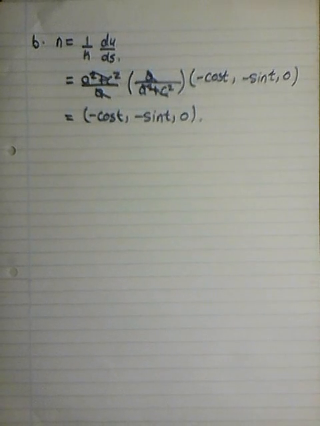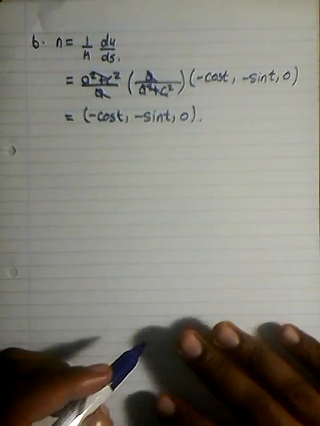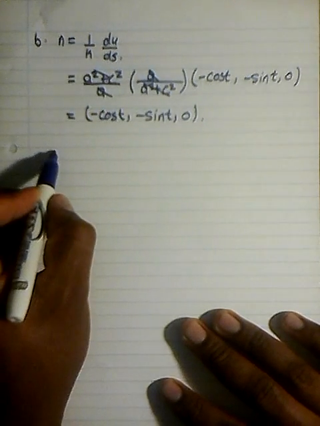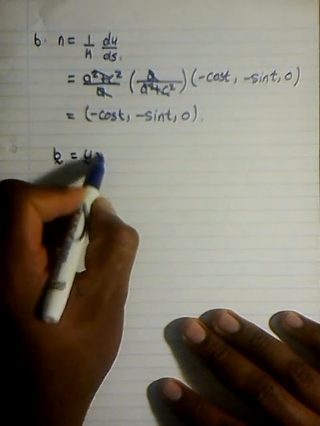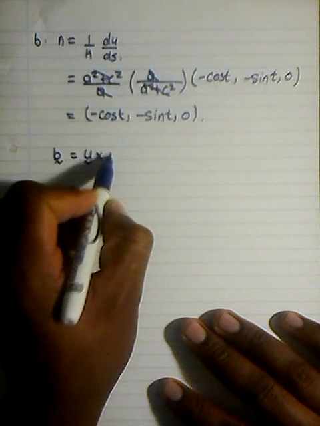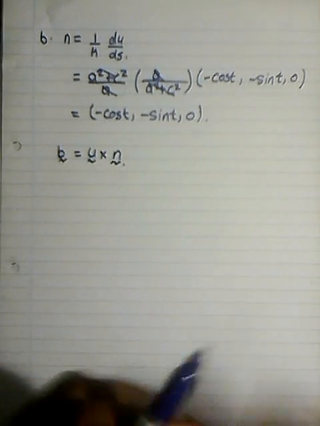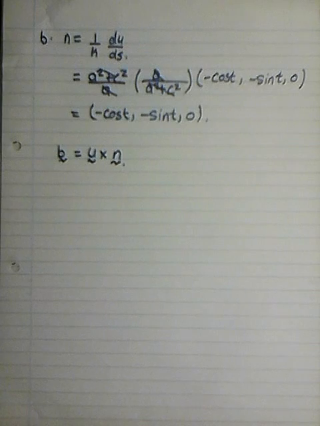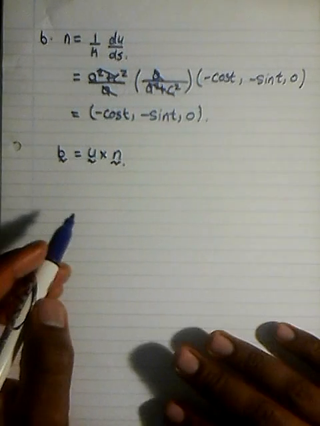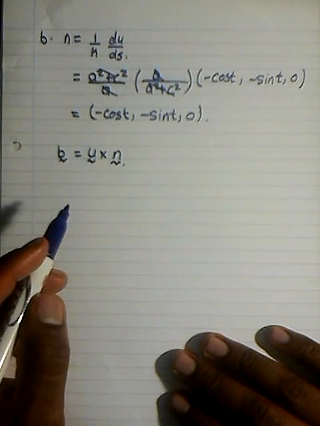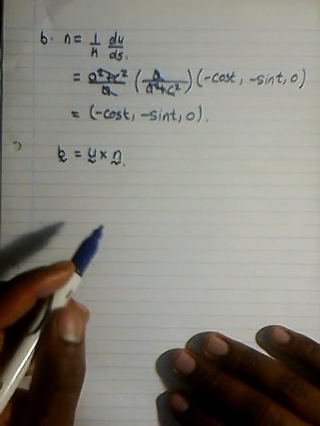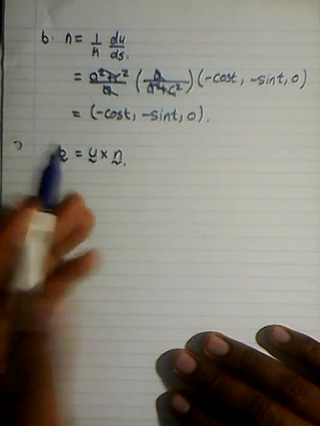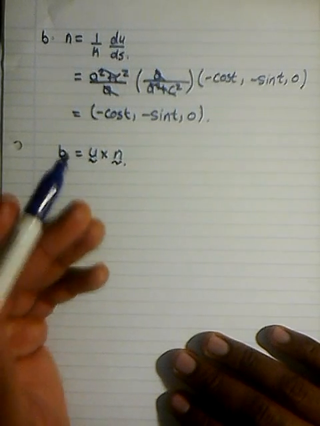Then the next thing we've been asked to do is to determine our binormal vector. We know that our binormal vector is given as u cross n. I'm going to do the cross product. The way I do the cross product may be different from what everyone does, so just use the cross product method you're used to.